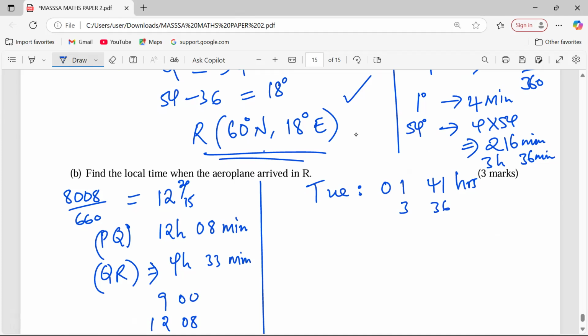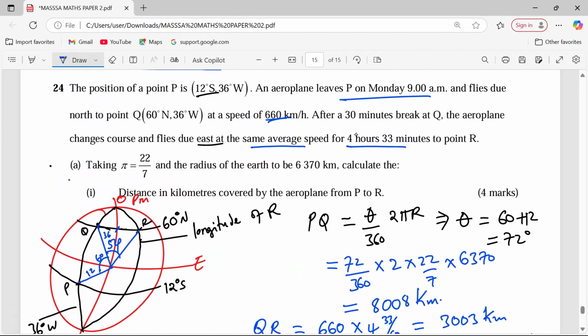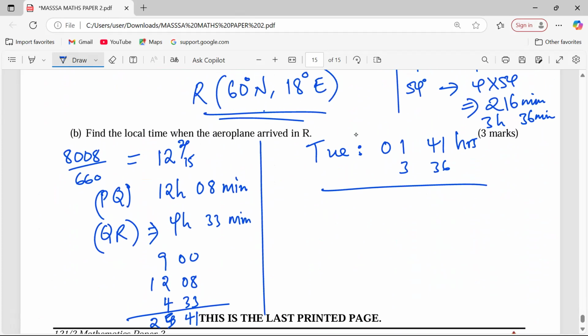So the time we will find here on Tuesday shall be, with the 77 minutes, that is going to be 17 minutes here.